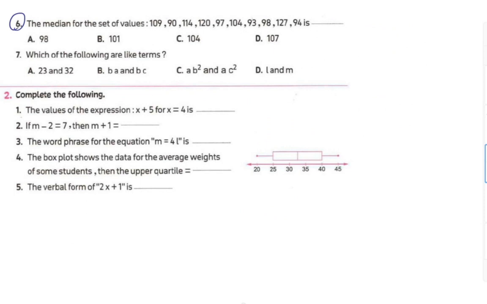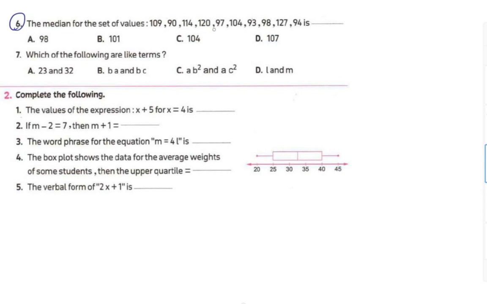Question 6. The median of a set of values is what? We have two cases to find the median. The first case, the number of these values is odd, and the second case, the number of values is even. If you count these values and find an odd number, the median is just one of them.